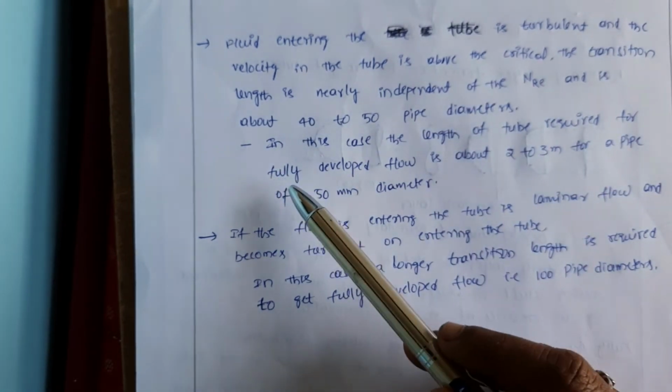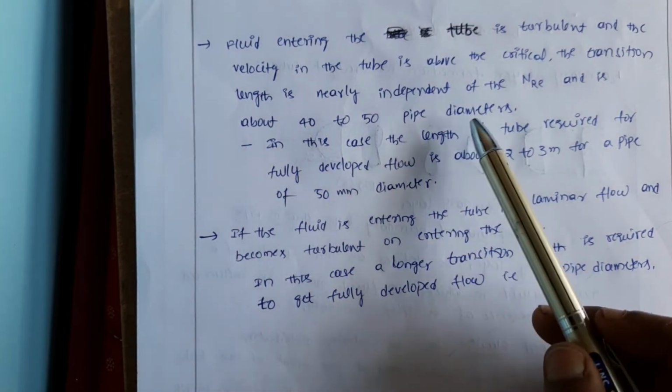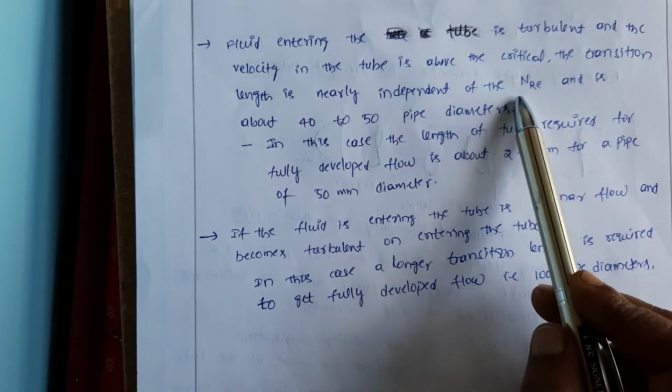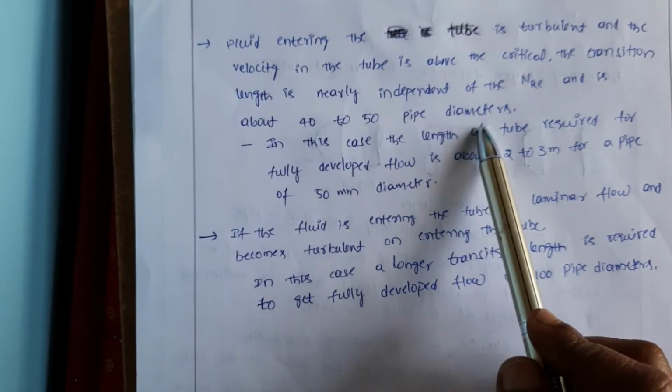Previously, in the case of laminar flow, the transition length depends on the NRe, right? In this case it is independent of the NRe. Actually, this transition length is about 40 to 50 times the pipe diameter.